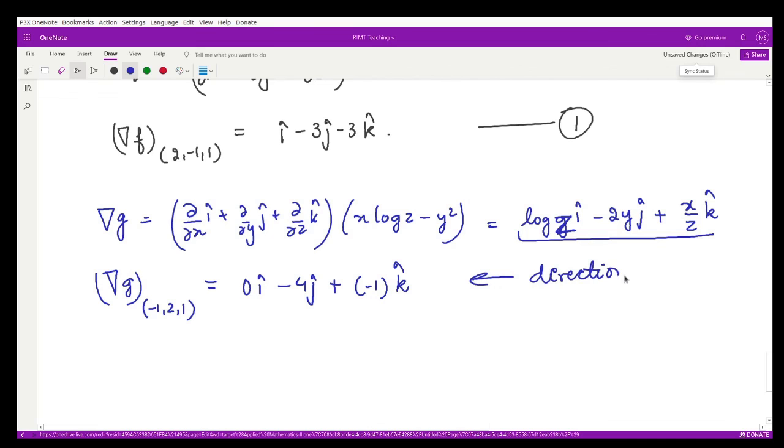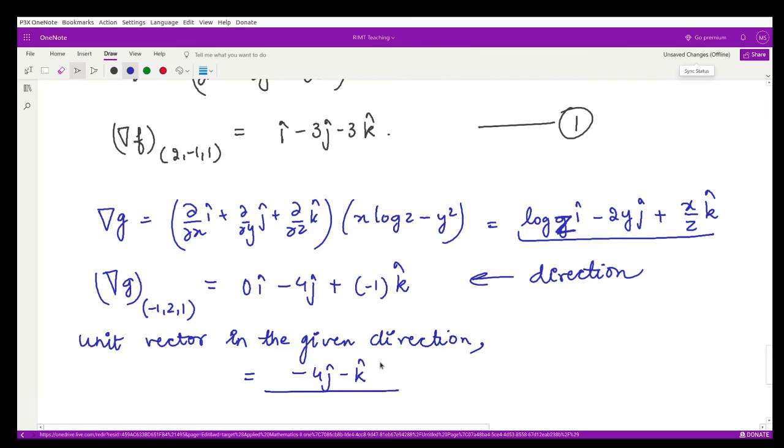Now we have to evaluate the unit vector in the given direction. So what would that be? It would simply be this vector, minus 4 j cap minus k cap, divided by its magnitude.